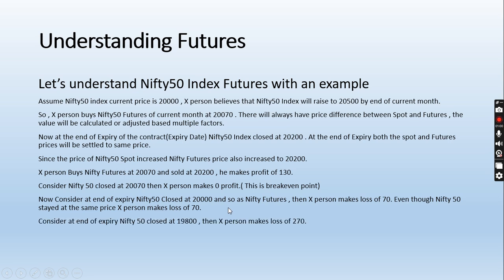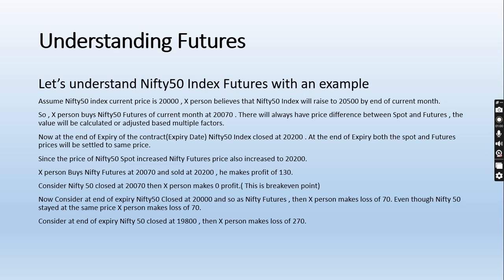And if the trade really went wrong, let's say the index price went down and traded 200 points down, then Nifty closes at 19,800. Then the person makes a loss of 200 from the spot price plus 70 of the premium, total 270 rupees. He has to book the loss here.